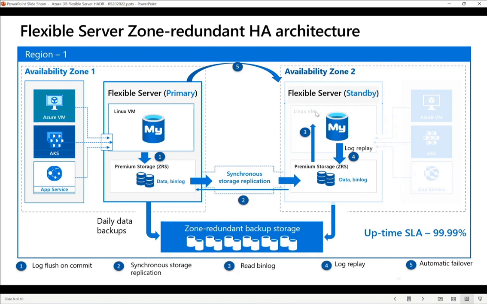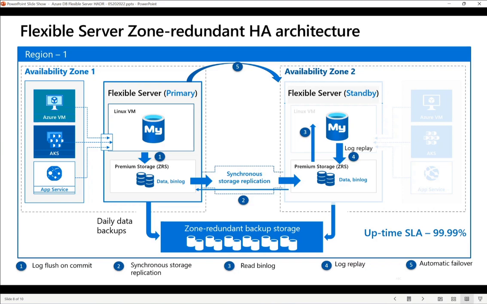And again, you can select the zone both for the primary instance as well as for the standby instance. In this case, we have async replication between the primary and the standby instance. And when we do the failover, whether it's a planned failover or unplanned failover, we guarantee no data loss.